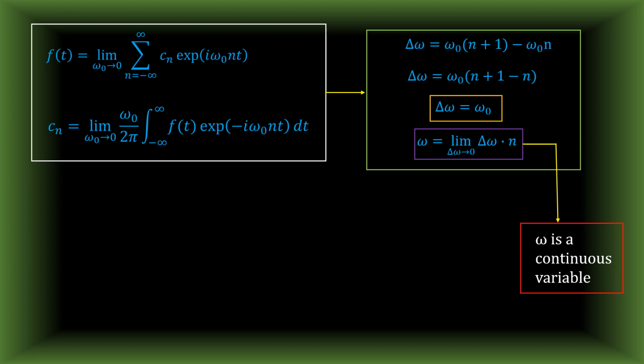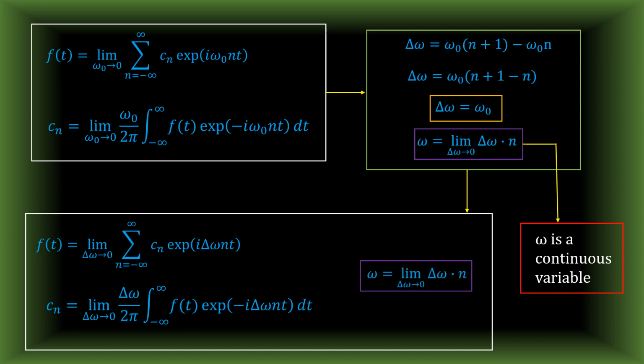And something interesting here is that omega, if we define it this way, is actually a continuous variable, even though n is an integer, because as delta omega approaches 0, you'll be going up by very small steps, and this will approach a continuum.